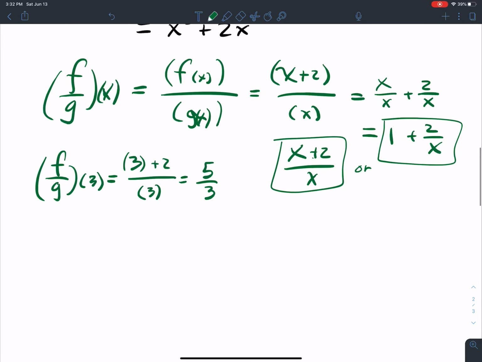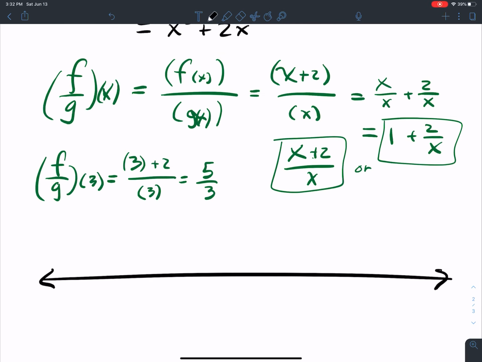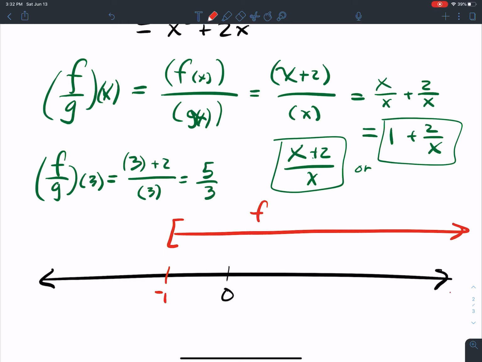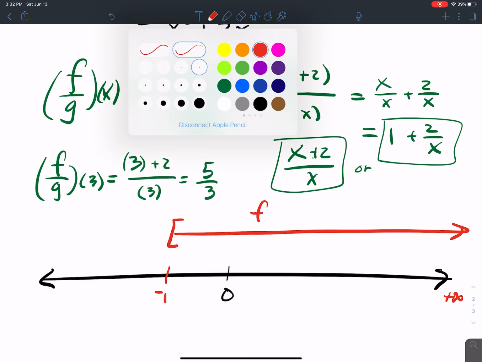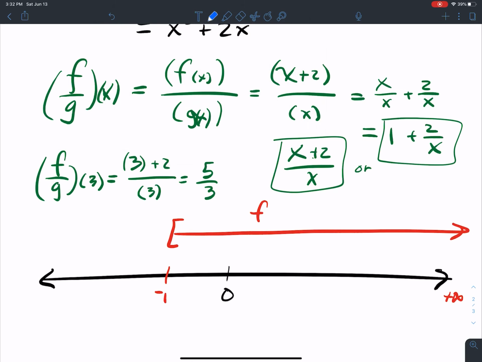Just to give you a graphical idea of how this works, you're combining two functions together, and say that the domain of f is from -1 to positive infinity, and then your domain for g is from negative infinity up to, but not including 5.